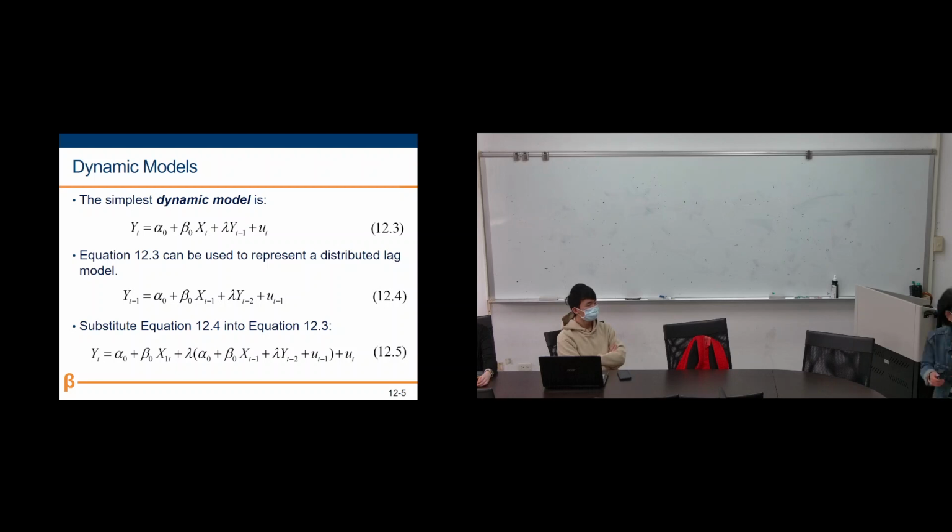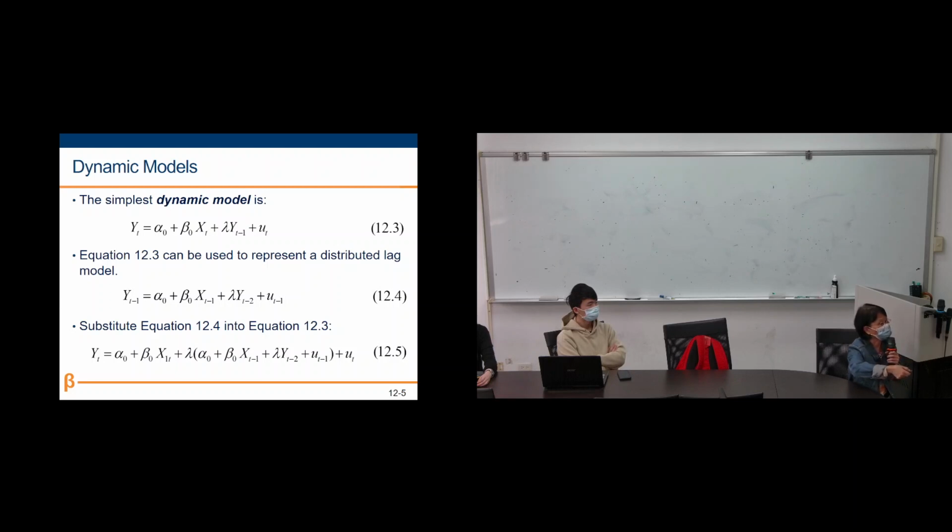I'm too short, I cannot always point to that area, so I should use the pointer to help me. But this pointer is not that sensitive, so I'm not able to point. Oh, here, okay.